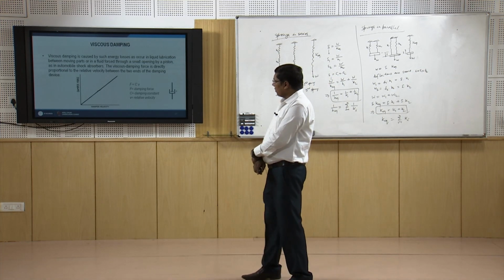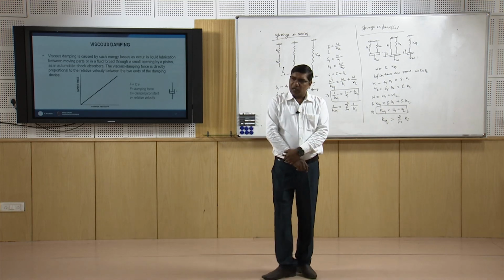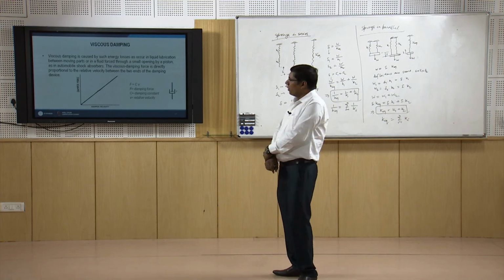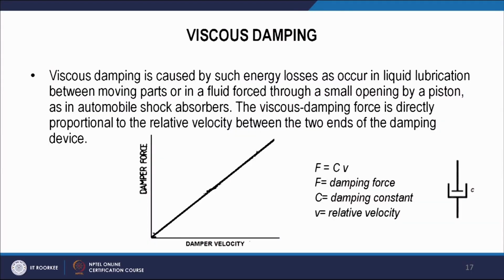Viscous damping is damping that can be due to the movement of fluid, liquid. If there is a piston that is moving in a fluid, this kind of damping can come into play, and based on this we design the viscous damper.